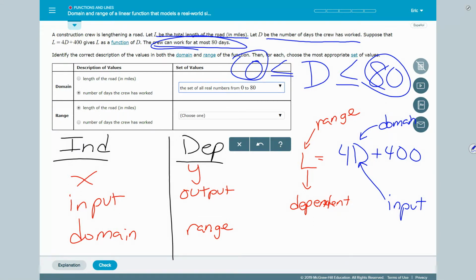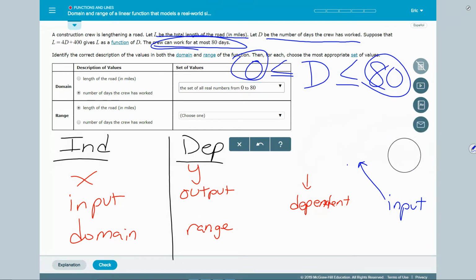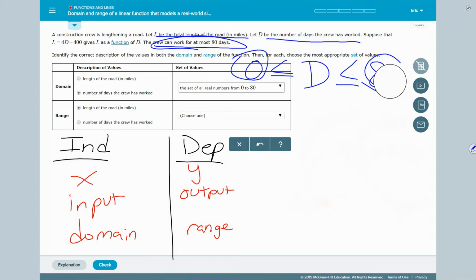Now, the range says what numbers make sense in terms of the length of a road in miles. Just like with the domain in this problem, your miles can be fractional. You can have a road that's 440 and a half miles, so on and so forth.